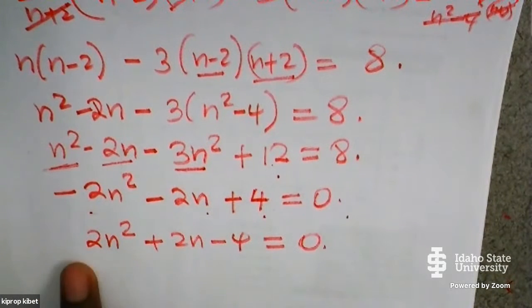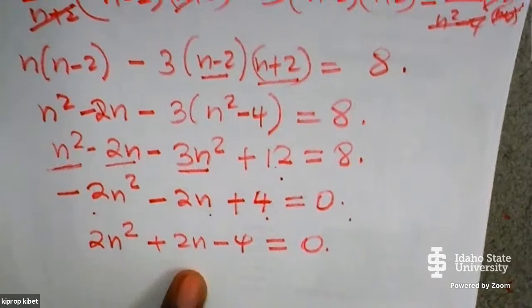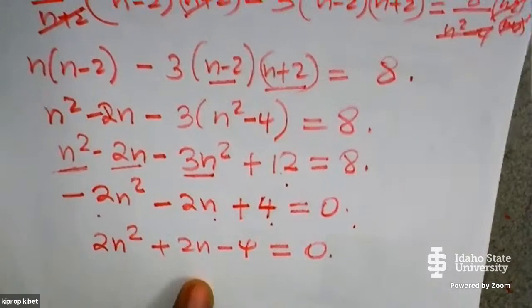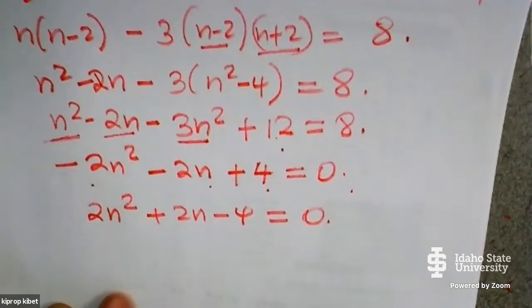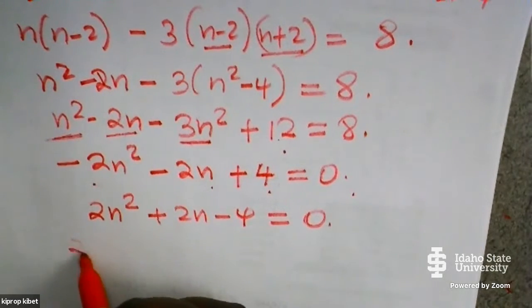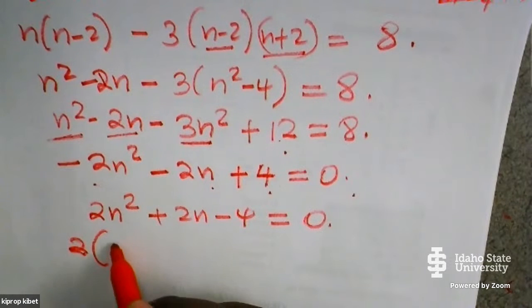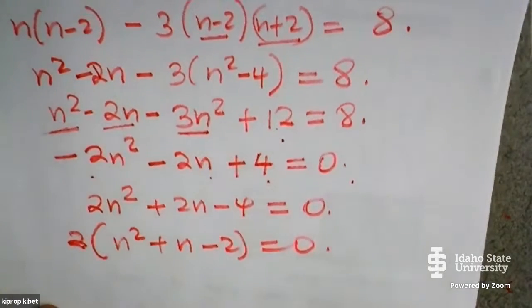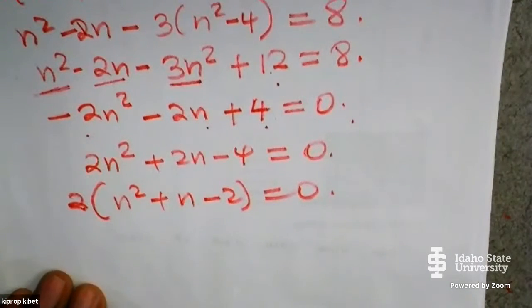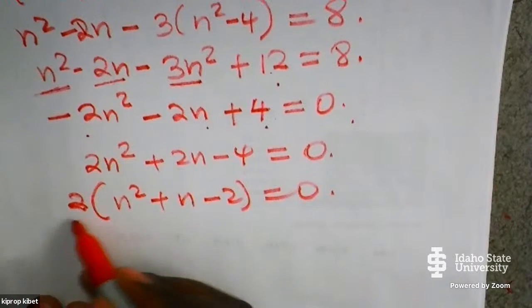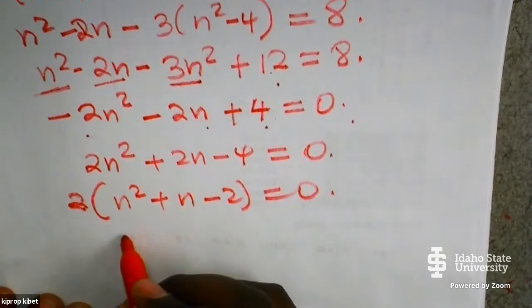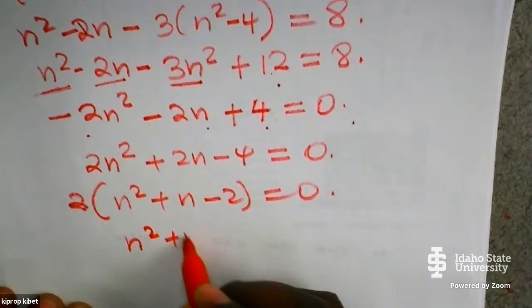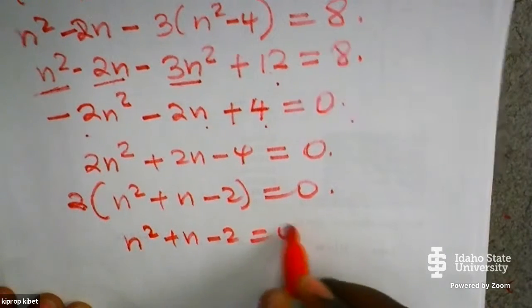So looking at this, there is a greatest common factor there, which is 2. So n squared plus n minus 2 equals to 0.